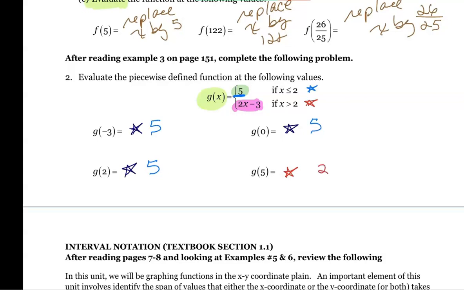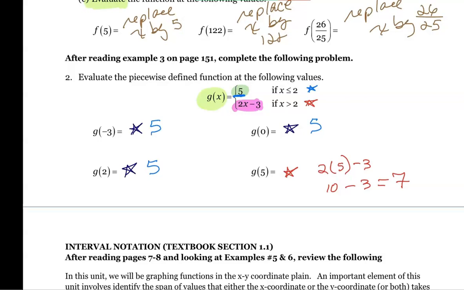So you're going to take your x and plug it in here. 2 times 5 is 10, minus 3 gives me a 7. So if I were to plot that for an x value of 5, I would get a 7. But for an x value of -3, 2, or 0, I would get a 5. So it's going to be a horizontal line, isn't it?